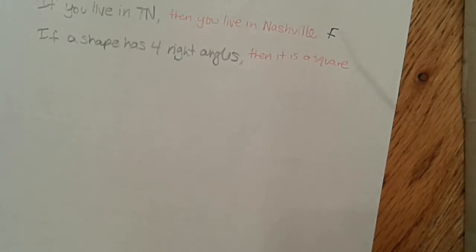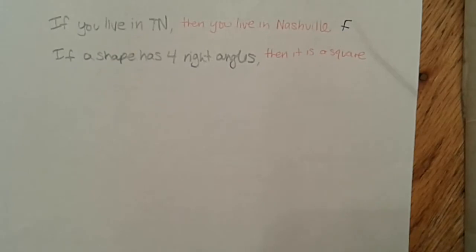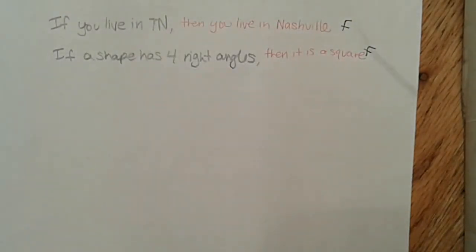Now, the question is, is that true? Is it true that if a shape has 4 right angles, it's a square? Well, no, because you could have a rectangle, so that one's false as well.